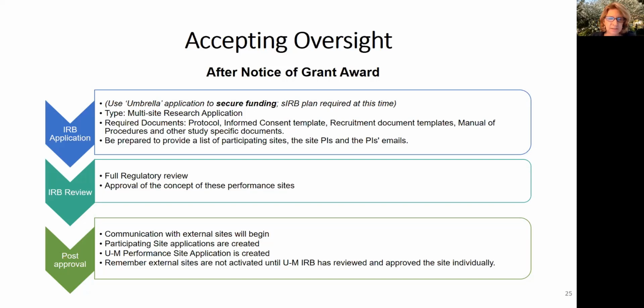And so just another reminder here, those external sites are still not activated until the U of M IRB has reviewed and approved those one at a time. And that can be done by expedited review at this point. Even if the study had to go to a full review committee, if they've signed off in principle, then those sites can just come on board individually through expedited review.